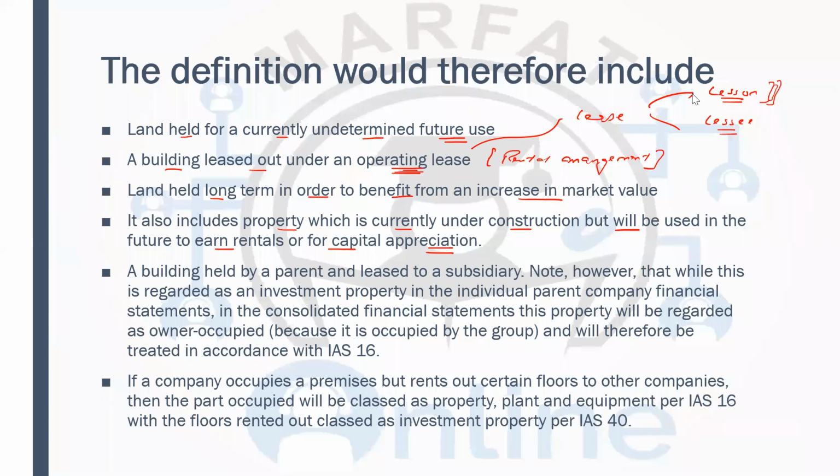Okay, now we have the fifth point, which is again very important, and it is related to consolidation. And you already know that when it comes to consolidation, it's about the parent and the subsidiary. Why do we do the consolidation? Again, you have the knowledge that consolidation is an application of the single entity concept.